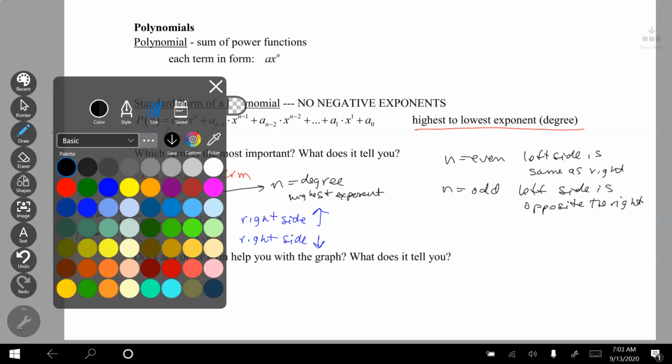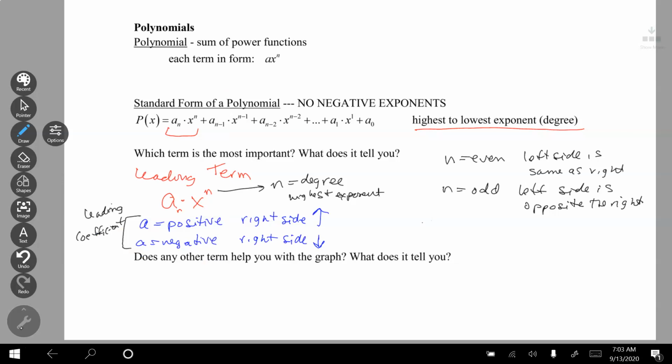The other thing we have for n: I'm going to have at most n x-intercepts on a graph, and at most n minus 1 turns, or bumps, or what I like to call peaks and valleys.